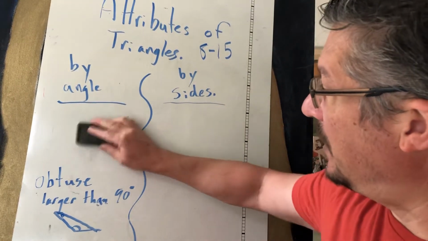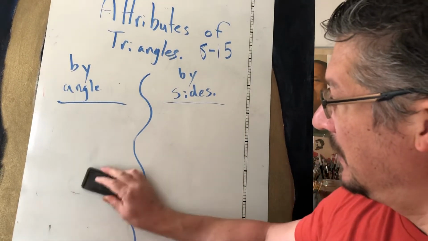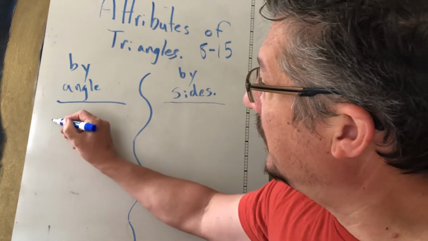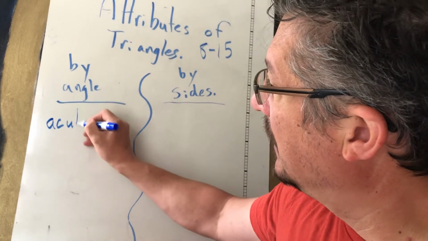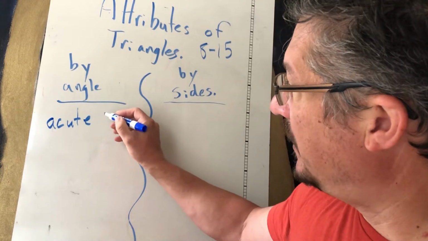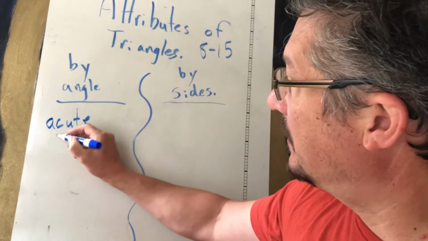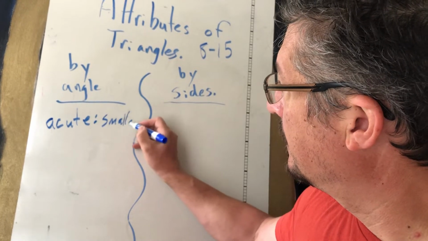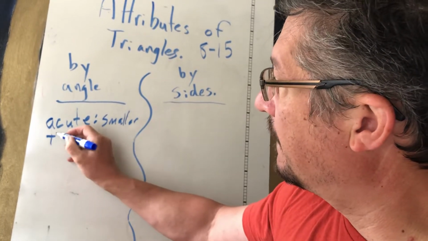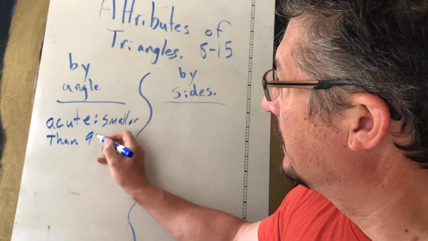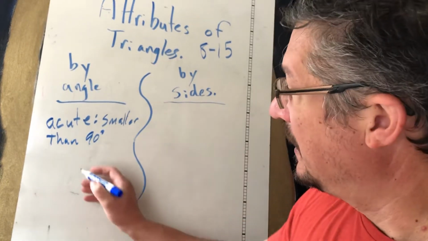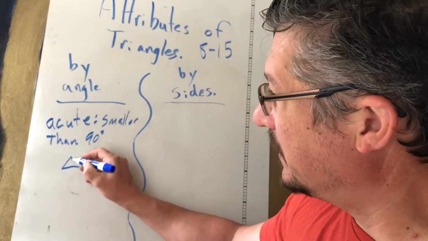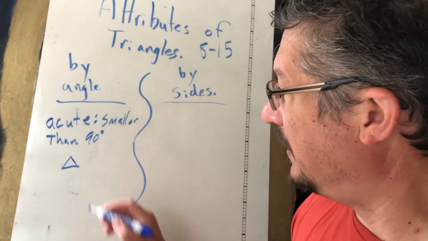And this will be in your notes, so don't worry, and you can also rewatch the video. We have acute. And this is easy to remember. It's smaller than 90. And just think, it's small, so it's an acute angle.